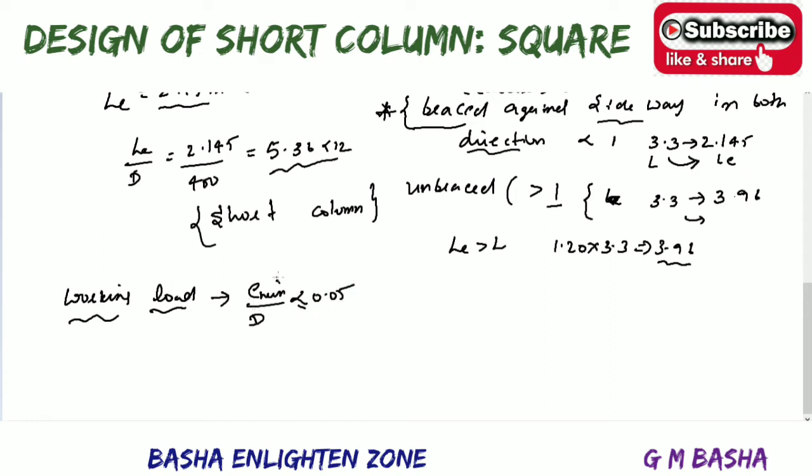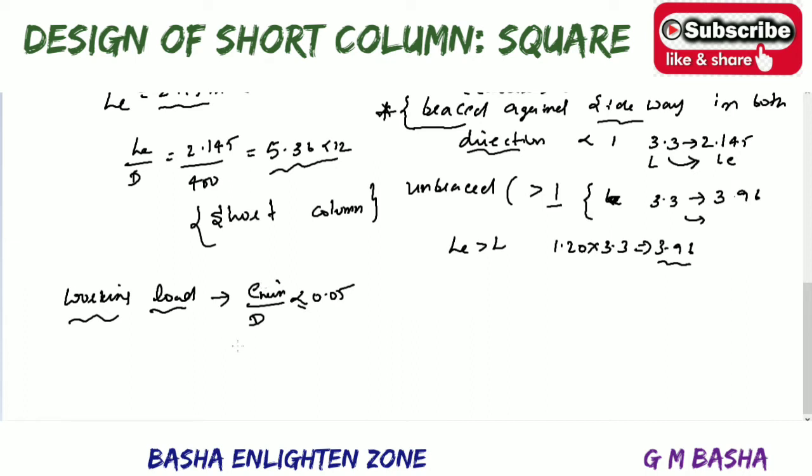So we have to find the minimum eccentricity. Based on the eccentricity, we can confirm whether the column comes under axially loaded or eccentrically loaded columns. And for eccentrically loaded short columns there will be uniaxial and biaxial. We will discuss those things also. Whatever the condition you get, based on that you can solve the problem.